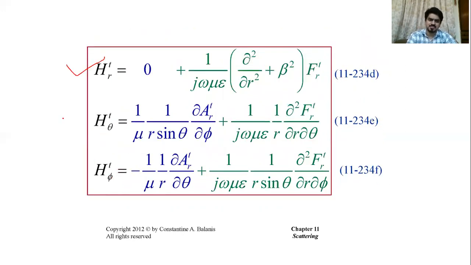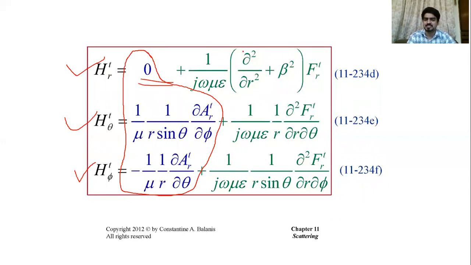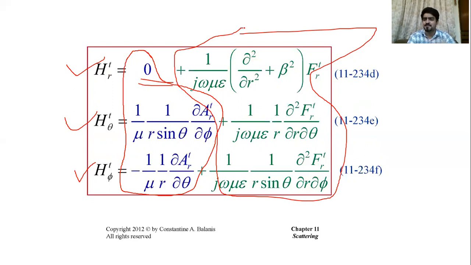Similarly, you have expressions for H_r, H phi and H theta. Again, the blue portion is from TM to r. Since it's TM to r, obviously your H_r is going to be 0, and the green portions are from the TE to r component, that is vector potential F.